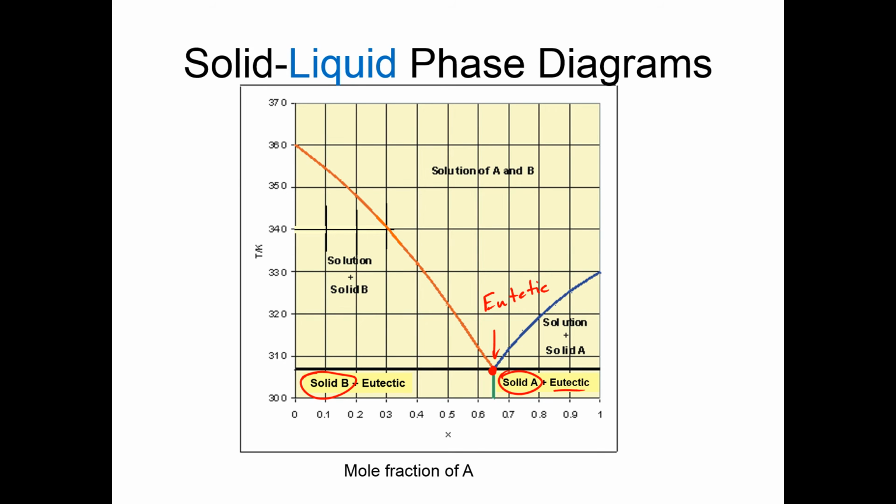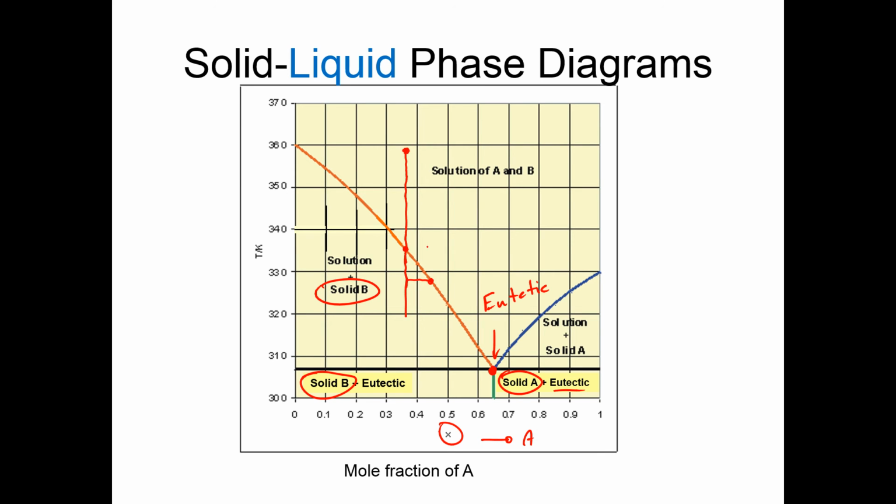So for example, we have a liquid at this composition, and we start to cool it down. Then at this point, we're going to start forming solid B. And then as it continues down, we're going to have some solution of A and B. Now, this is more A as you go over to the right.